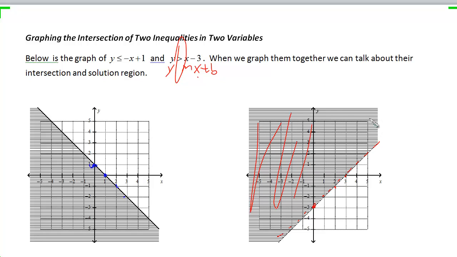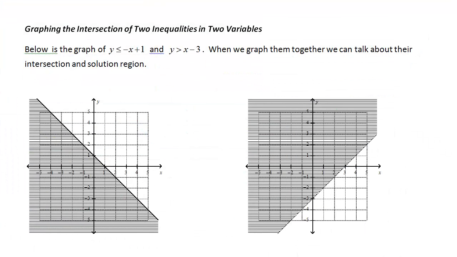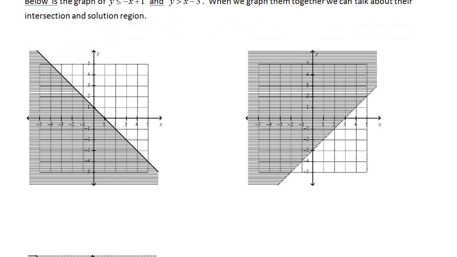Then when I look at these two specific inequalities and I combine them as a system, we simply combine the two graphs, and any solution to these falls within this bounded region. And it could be on this line, however this line is dashed. So any point that falls on this would not be included in the solution set.